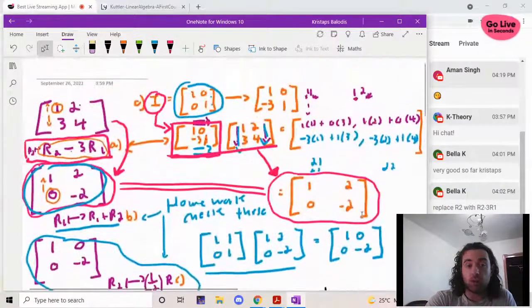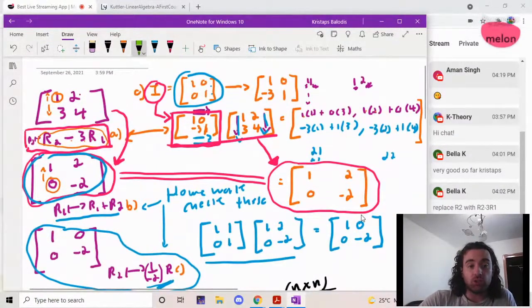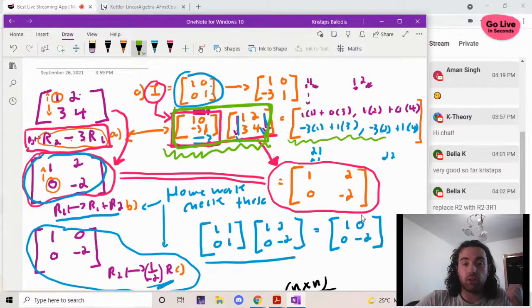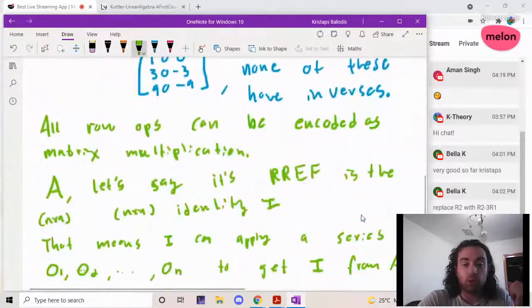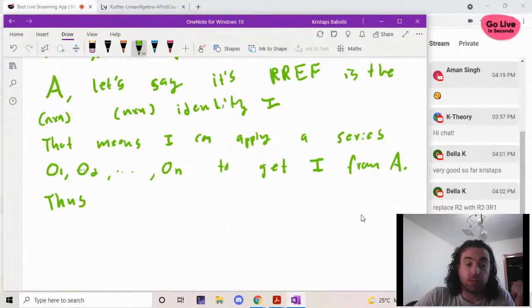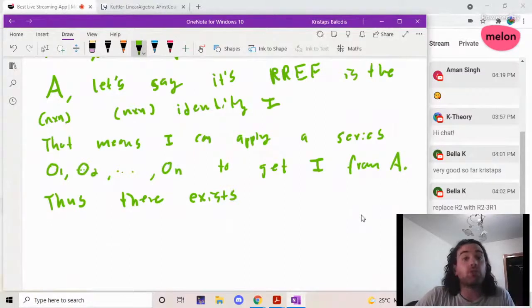But as we talked about up top, right? Each elementary row operation can actually be expressed as multiplication by some elementary matrix, right? And where we write the multiplication here, and then the result is on the right here. So in other words, that means that there also exist elementary matrices.